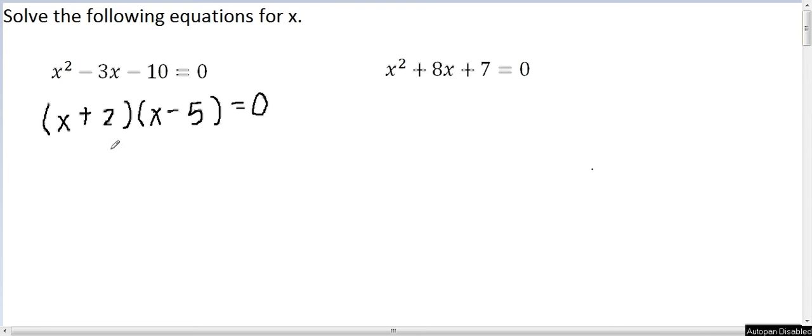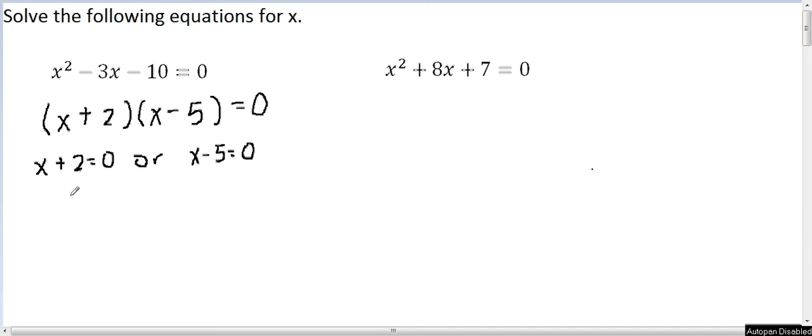Once we factor the original polynomial like this, we can set each of the linear factors equal to 0. Then we can go ahead and solve both of these equations for x.